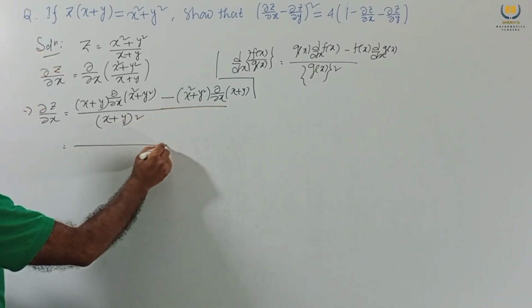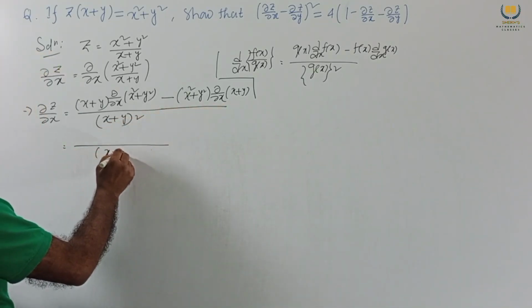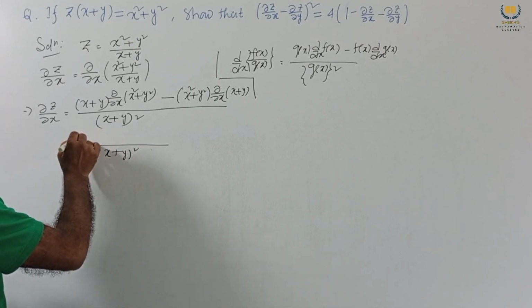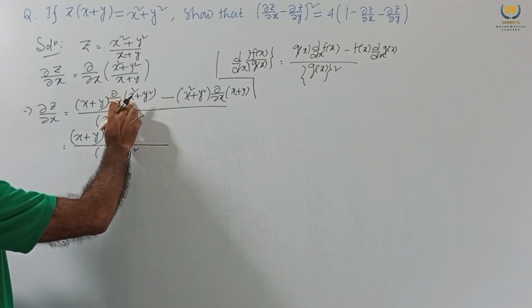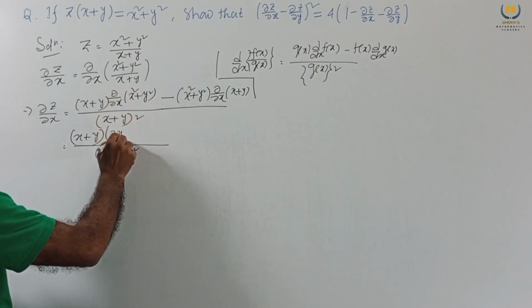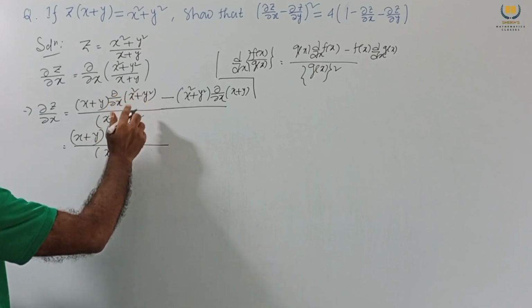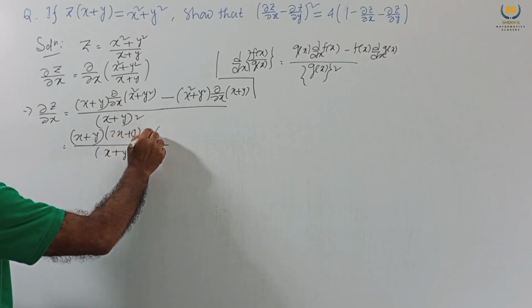Now the denominator remains the same. This is x plus y, and if we differentiate the numerator we get twice x, and y is constant, so if we differentiate we get 0.